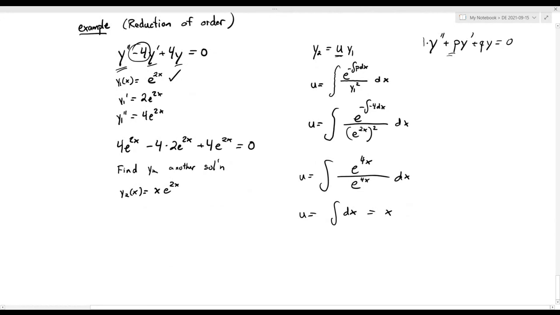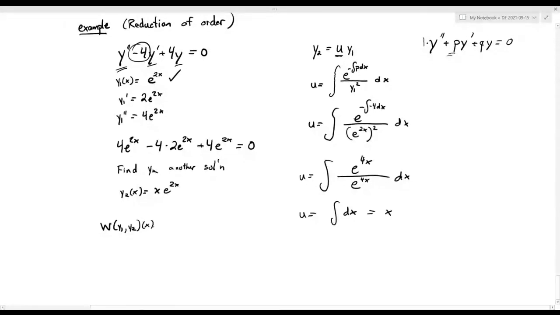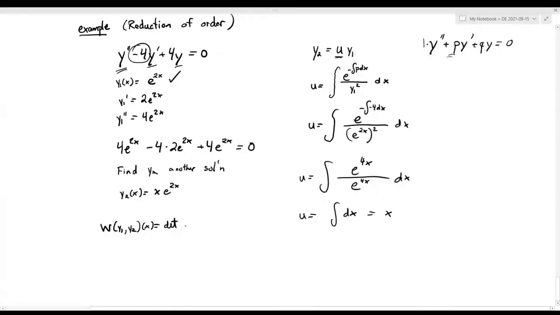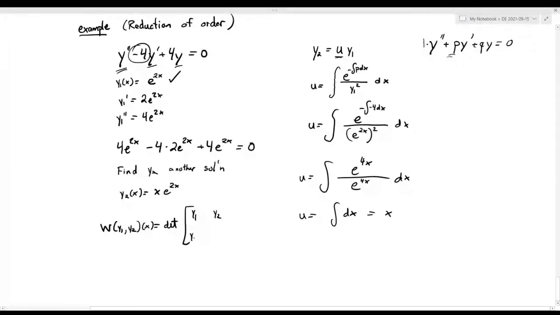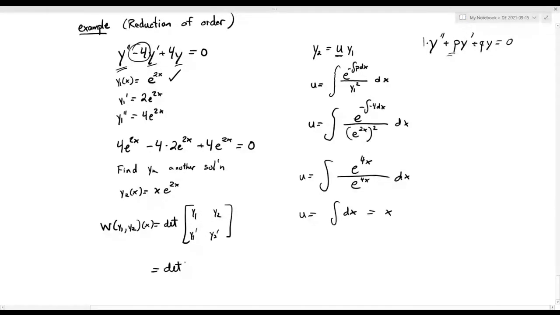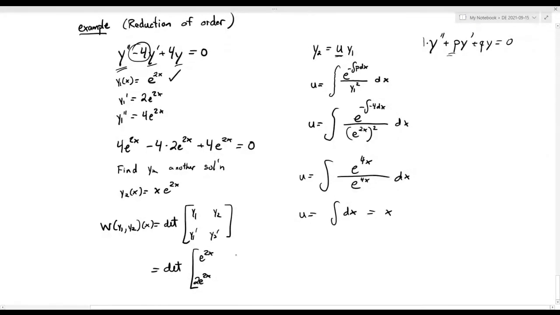We proved it, but let's make sure, good exercise with the Wronskian, right? So we have y1 and its derivative. We have y2 and its derivative.